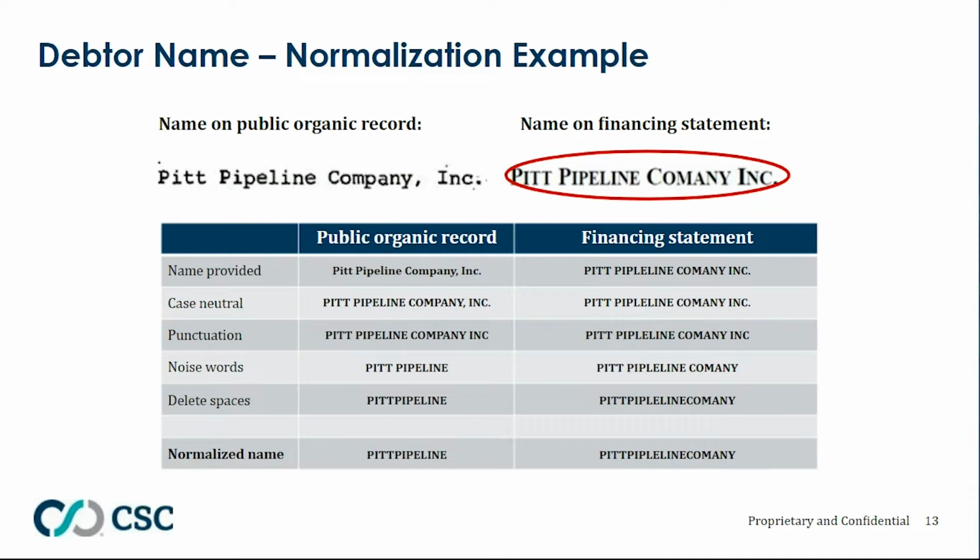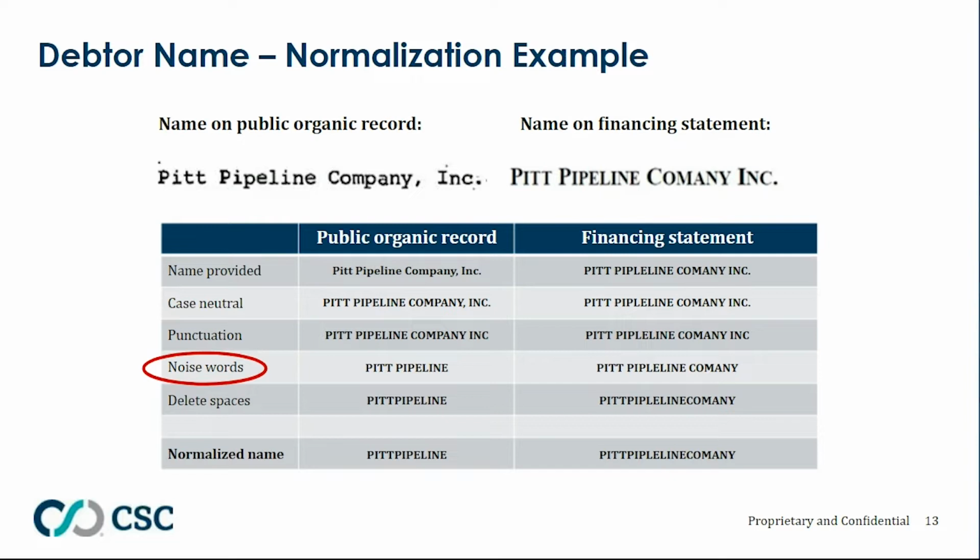In this case, if we run through the normalization process, first we have the name that's provided, then it's made case neutral, punctuation is removed, the ending noise words are removed, and here we run into a problem because in stripping out the ending noise words, the search string is going to have Inc. and company removed, but with the name on the financing statement, when that's normalized, just Inc. is removed because Comany is not an ending noise word.